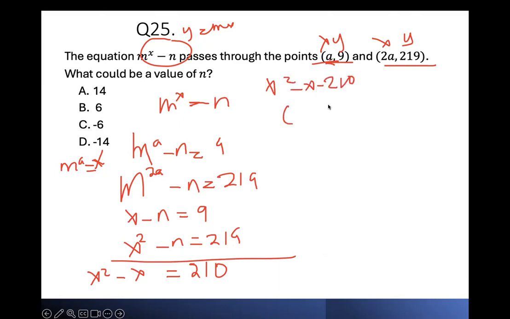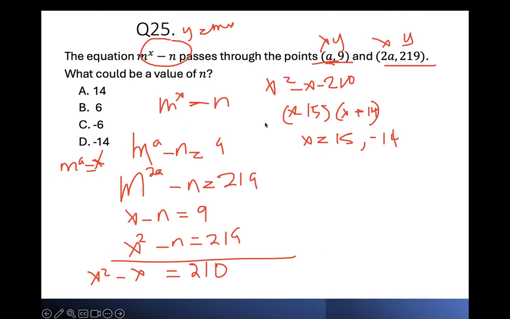You can factorize this. You're going to get x minus 15 and x plus 14. These are your factors. That means our roots are equal to what? 15 and minus 14.